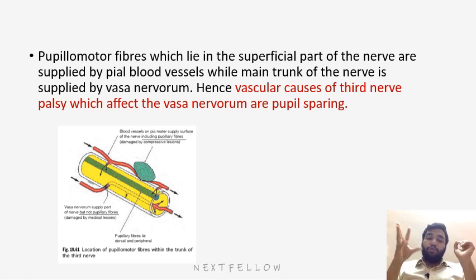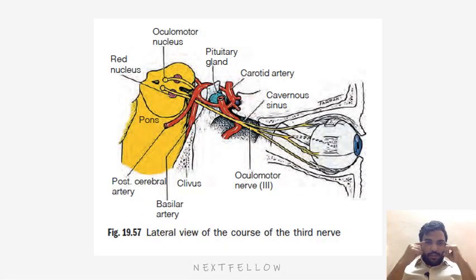If the cause is tumor or trauma, the pial blood vessels are affected and the pupilomotor fibers will also be affected, and hence there will be pupil involvement in the case of trauma or tumor of the third nerve. This is the course, as you can see here.